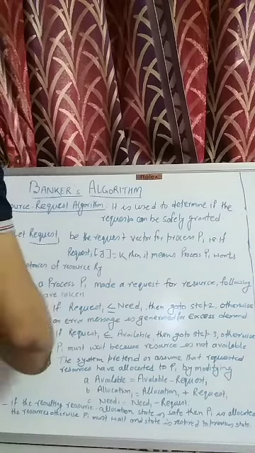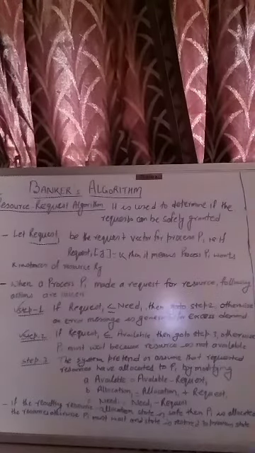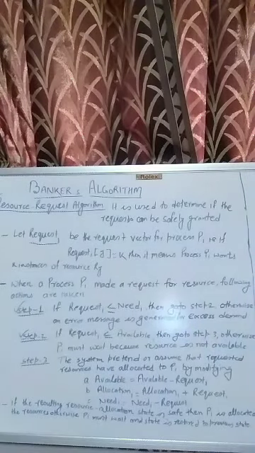In step 2, if request I is less than or equal to available, then we can move to step 3. Otherwise, Pi must wait because the resource is not available.